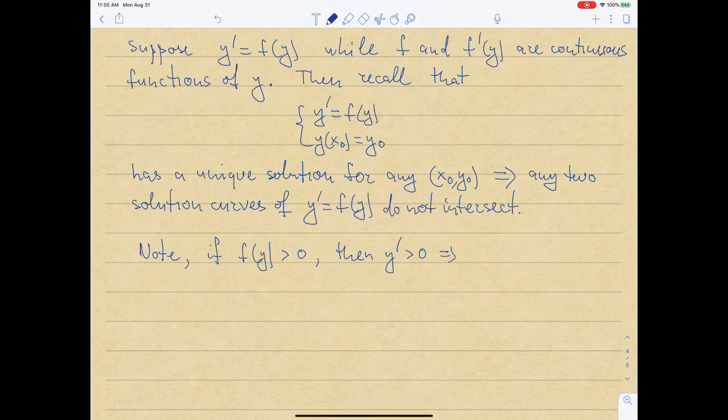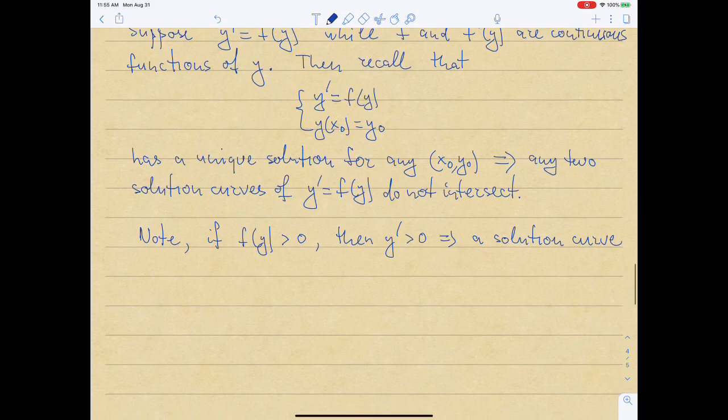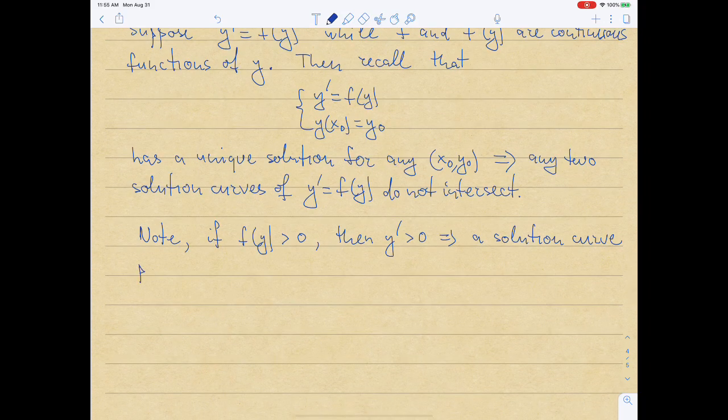And so if f of y is greater than 0, then a solution curve passing through the point x, y is increasing, right?